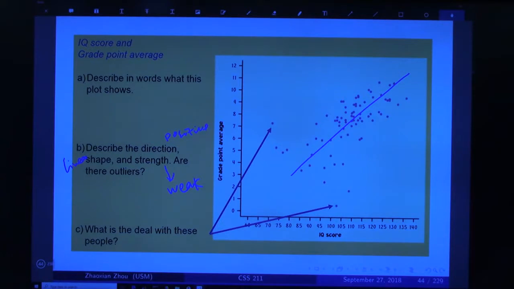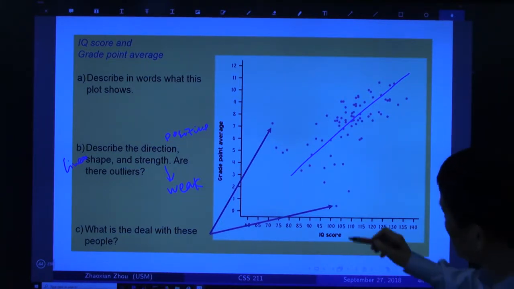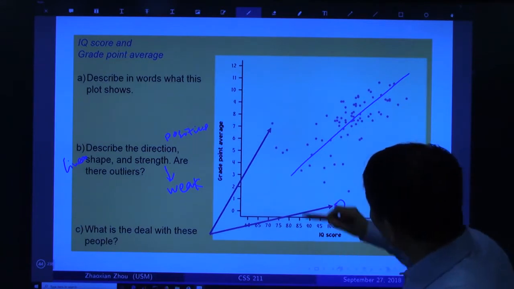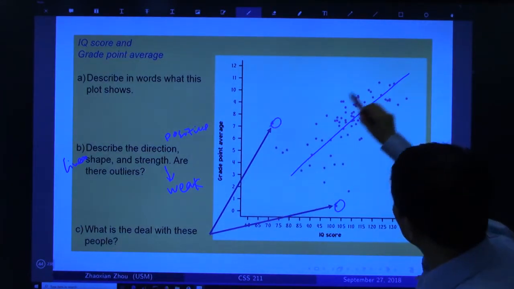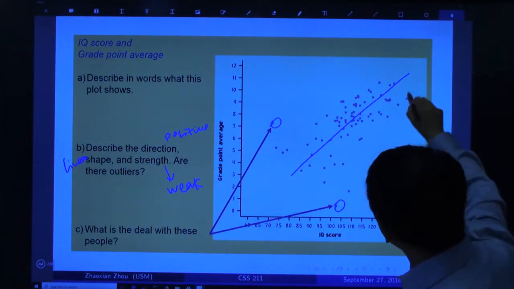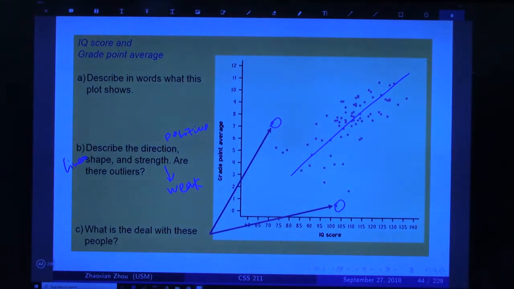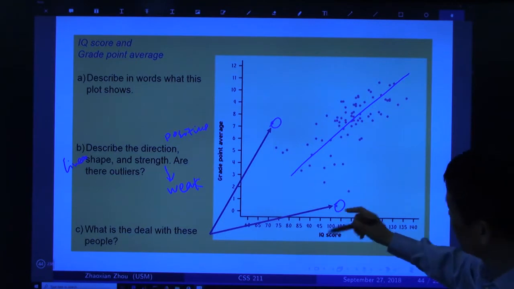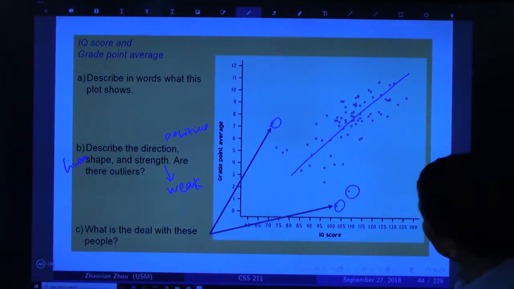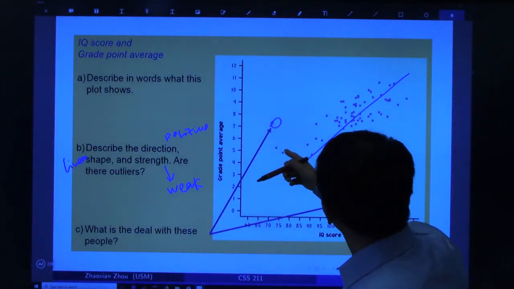Outliers, again, that depends how we look at this. You may see this one is an outlier, and maybe this one is an outlier, because this form is linear, so it looks like all the points must be around this, but this one is a little bit far away. Maybe this one is also an outlier. This one looks good enough.